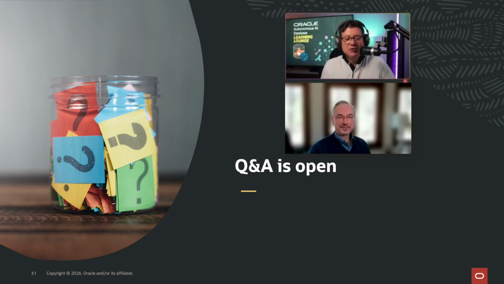Right. Another one here was, what about security for AI agents? What types of security standards or best practices? Well, from the security standpoint, that's one of the highlights that we raised earlier: because Select AI and Select AI Agent run in the database, we take advantage of the security mechanisms that the database has.